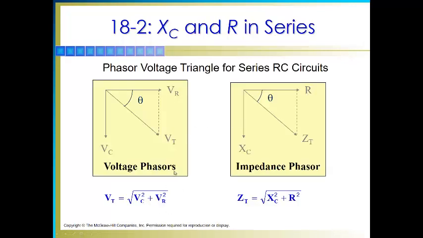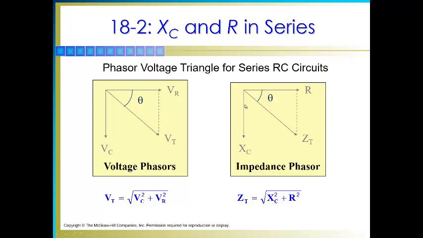All right, so here's another example right here. If we're going to use the voltage phasors, you use the resistors, and then the voltage on the capacitor is always lagging, so it's going to go down this way, okay? And this right here will be the total voltage. If we're using the resistance and the capacitive reactance, we'll do exactly the same thing.